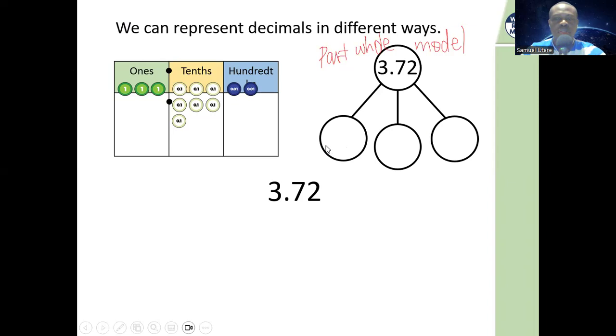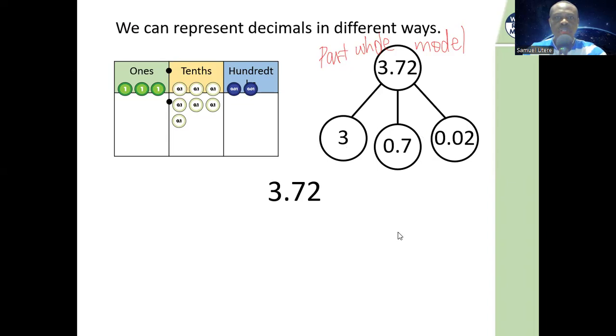So we'll have 3.72, we'll have 3 ones, 7 tenths, which is 0.7, and 2 hundredths, which is 0.02.